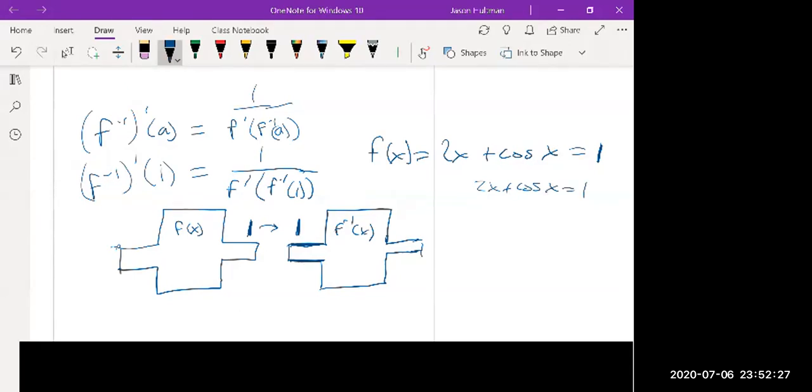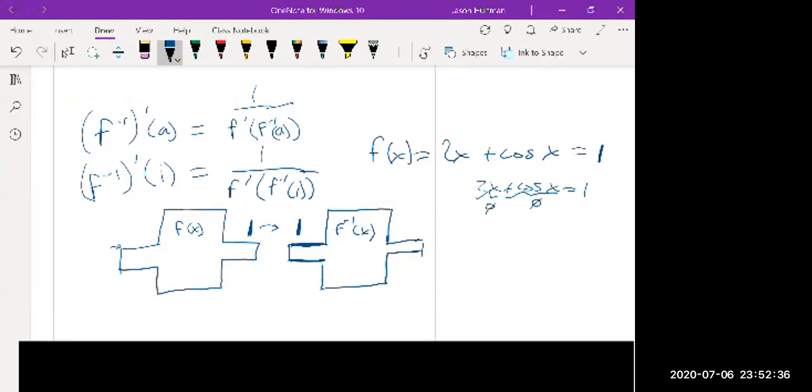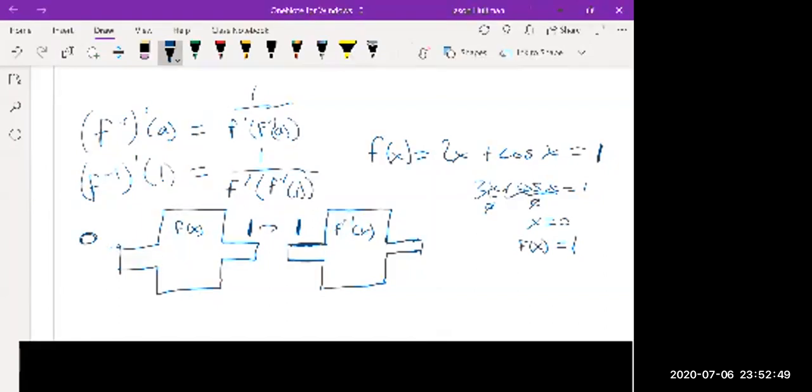I could try to solve this, or I could just try some values, and an easy one is 0. The cosine of 0 is 1, so x equals 0 gives f of x equaling 1. If I plug 0 into my original function, I get out 1, and if I plug 1 into my inverse, I get out 0, because the domain and range flip. Does that make sense? Yeah, I understand.